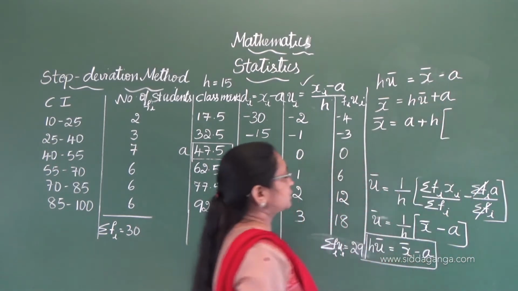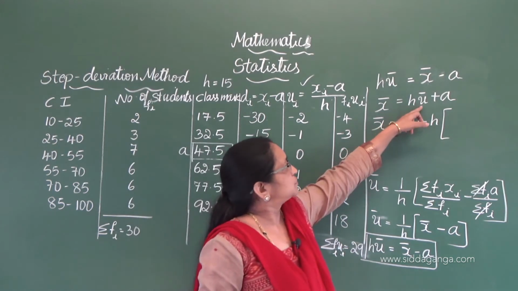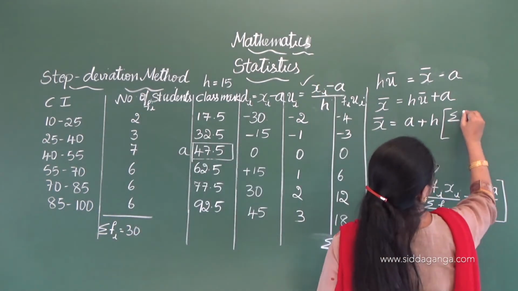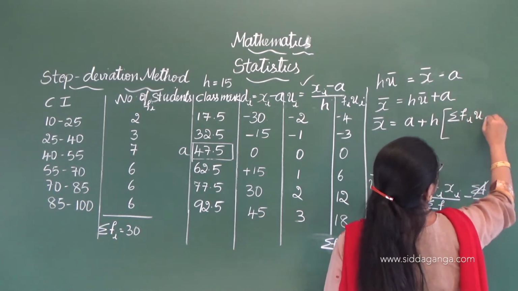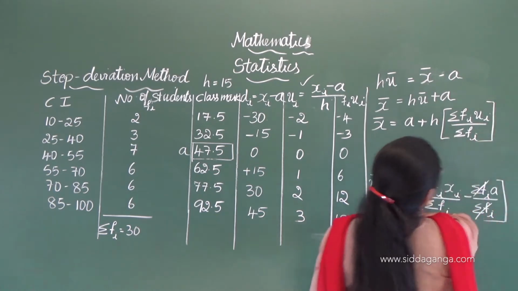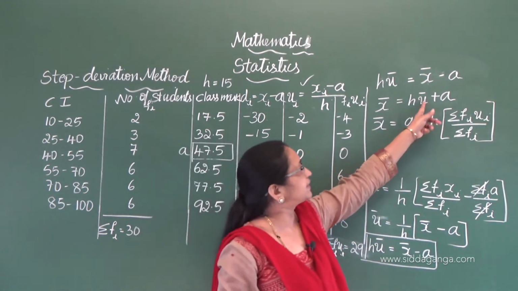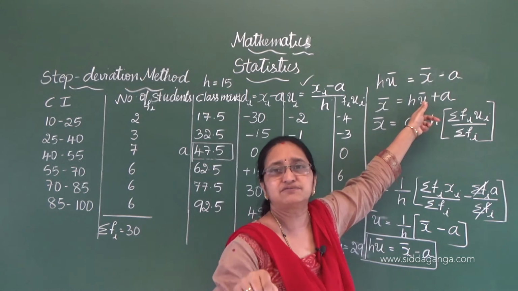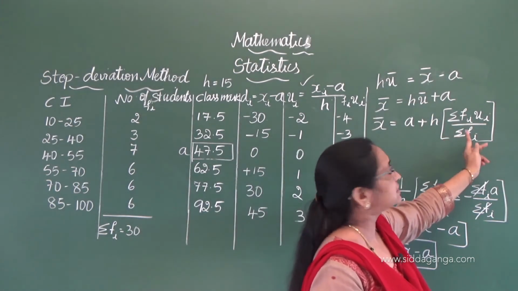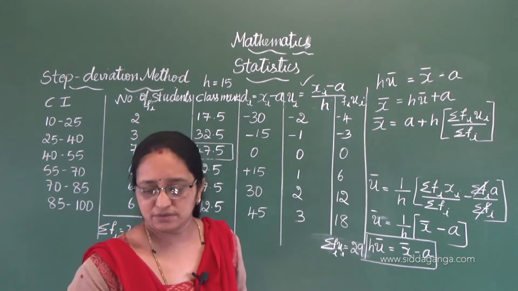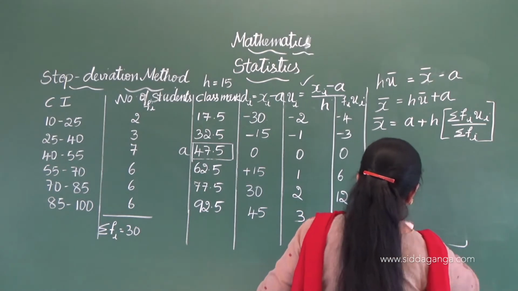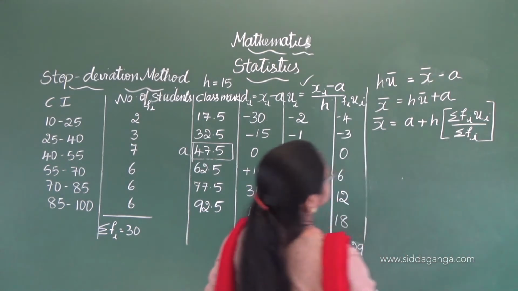U bar, we already took u bar at the beginning as sigma fi ui divided by sigma fi. I hope you can recall this. At the first step we had taken u bar is equal to sigma fi ui divided by sigma fi, right? Now observe this.